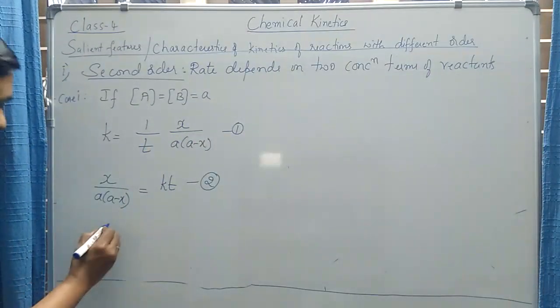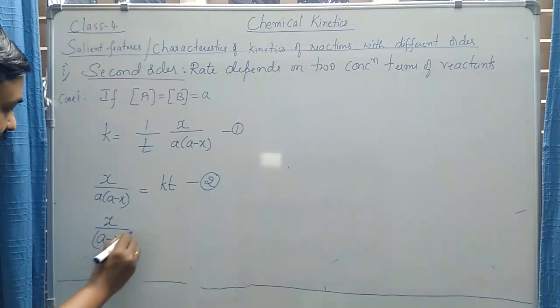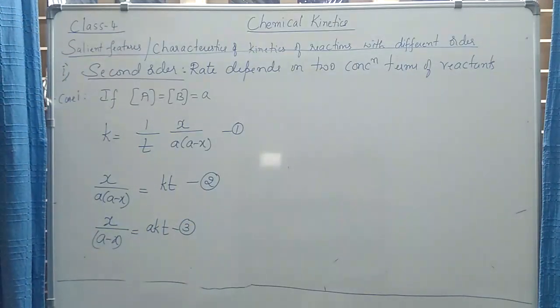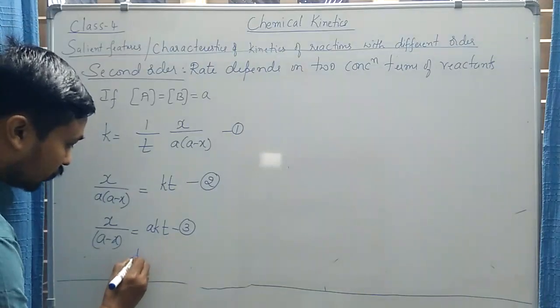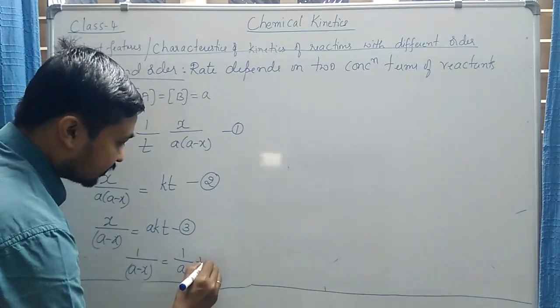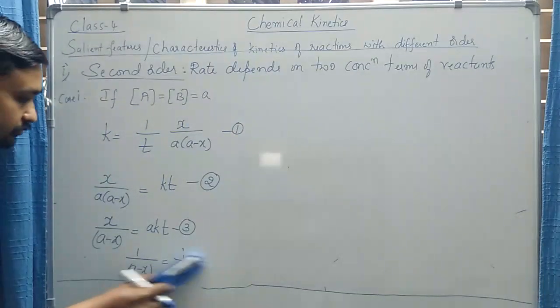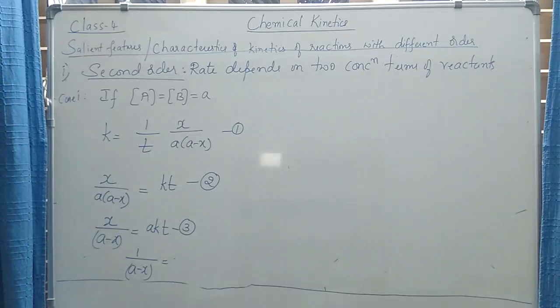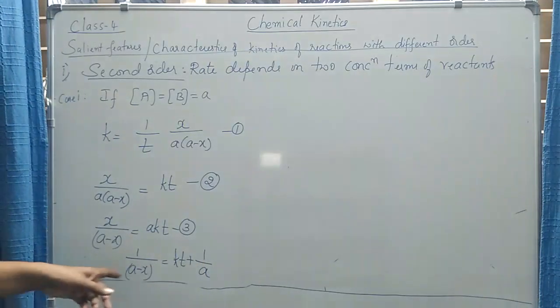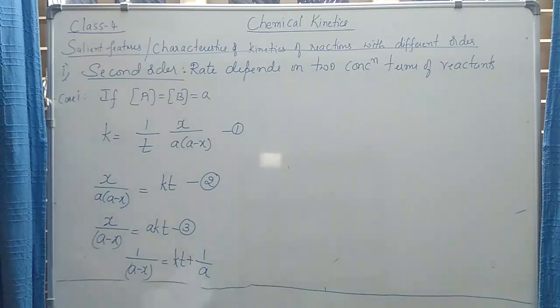You can further rearrange and write it as X divided by A minus X is equal to A into K into T. There is one more form of writing this equation: 1 divided by A minus X is equal to K into T plus 1 divided by A. So equations 1 to 4 are the different forms of writing the second order rate equation in the integrated form.